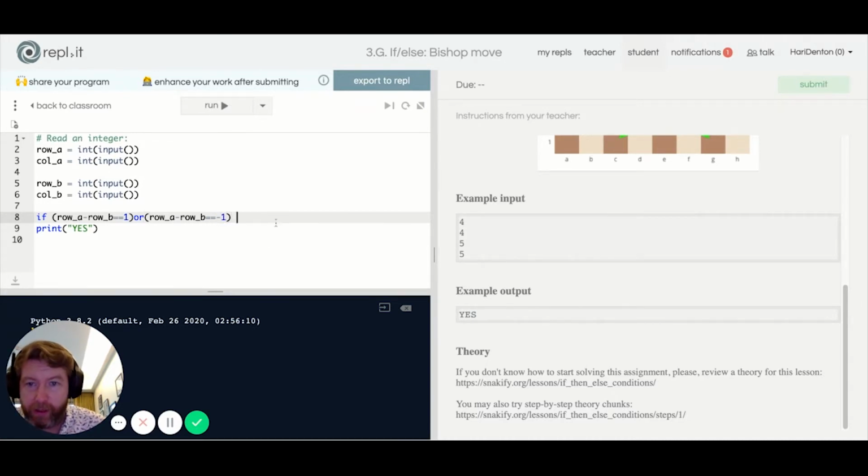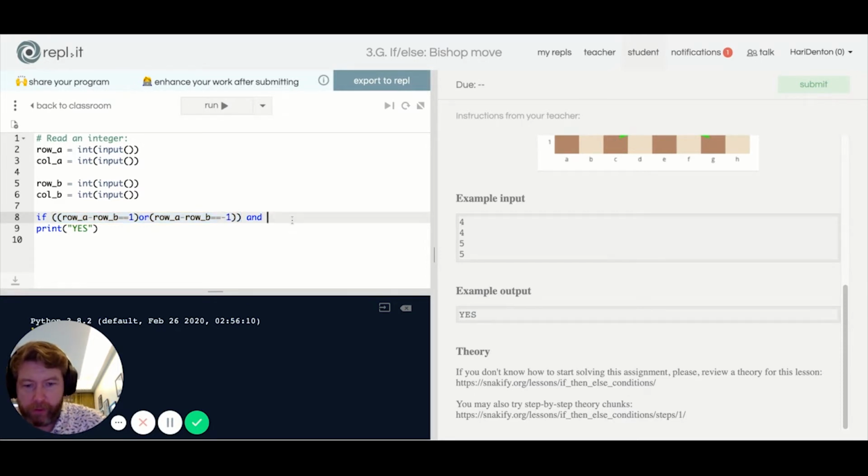And this is where I need to be careful about my brackets. It's this whole condition here, this kind of joint condition that I need. And I think then it's the column, right? I believe. So it's kind of complicated.